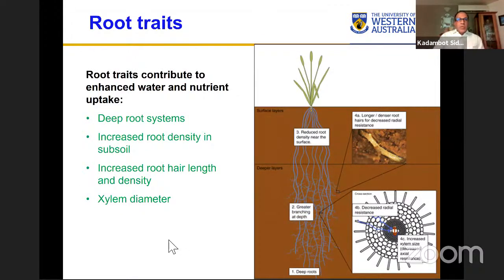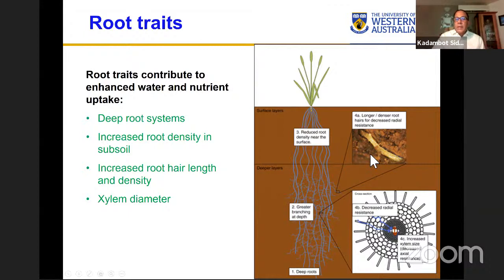Now, if you look at the root traits that contribute to enhanced water and nutrient uptake, for example, you can have a deep root system, and you can have reduced root density near the surface. I'll show you some results from some of our work. You can have greater branching at depth, and also deep roots, which can take up a lot of nutrients and water, particularly in deep soils. If the soil is not deep, then this particular trait is not much use. Increase the root hair length and density. This is important.